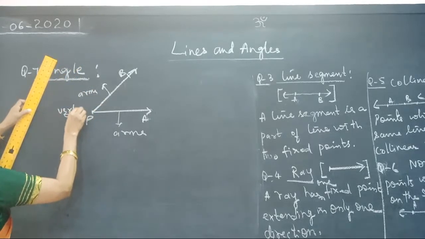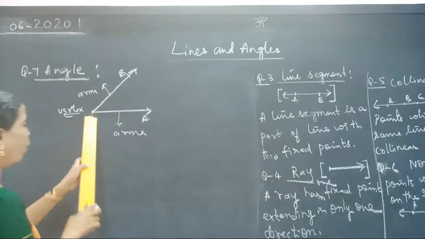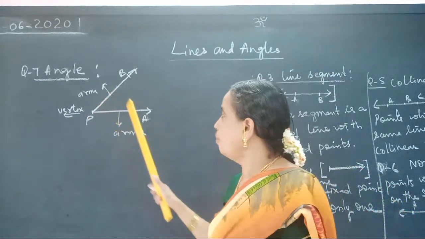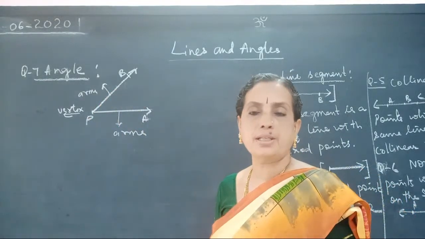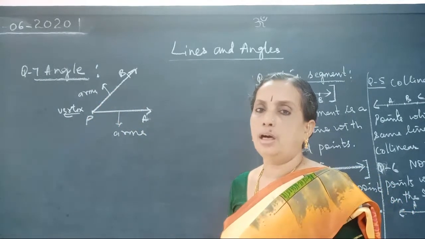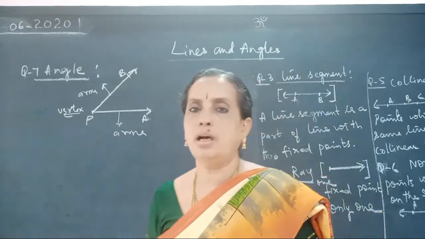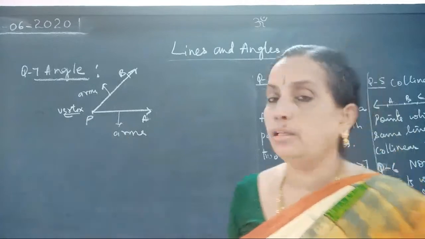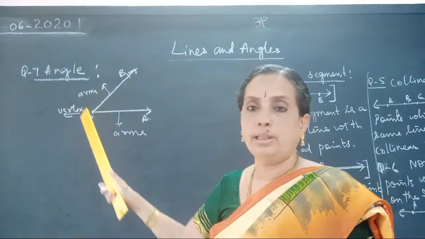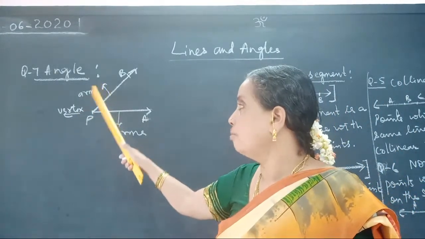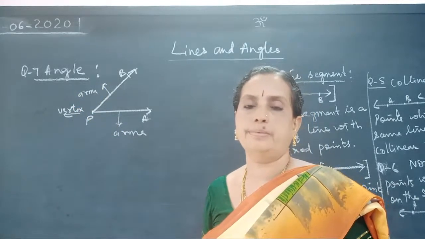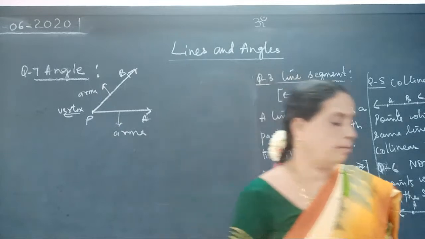This common point is the vertex. The non-common lines are called arms, A-R-M-S, arms of an angle. Get the figure and note the labels here: arms, vertex, again arms. So below the figure you write.